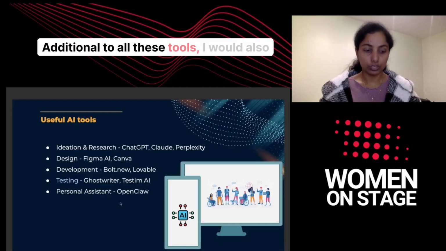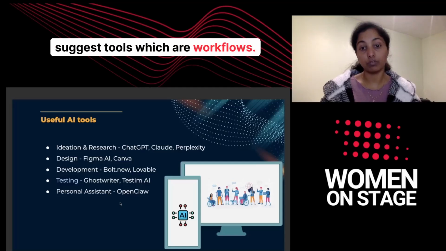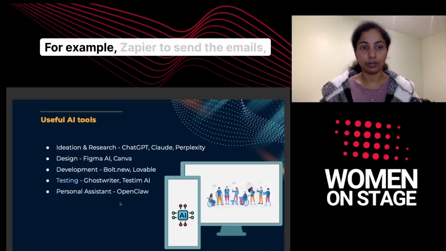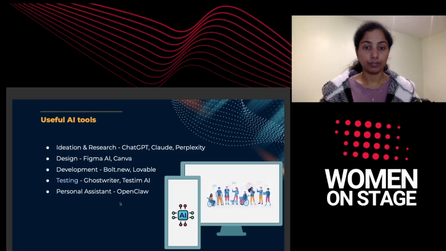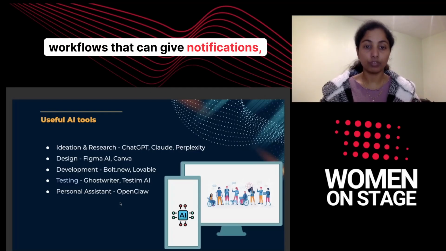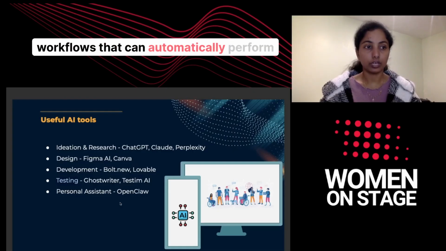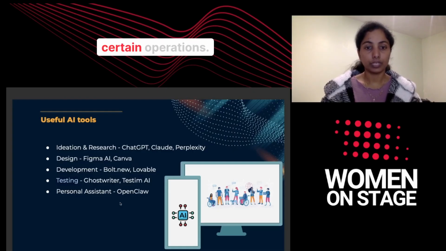Additional to all these tools, I would also suggest tools which are workflows. For example, Zapier to send the emails, or workflows that can give notifications, workflows that can automatically perform certain operations.